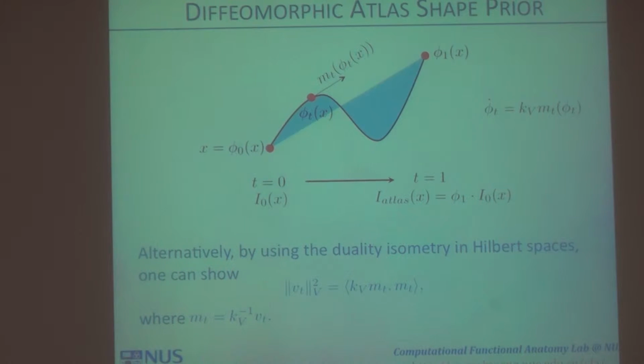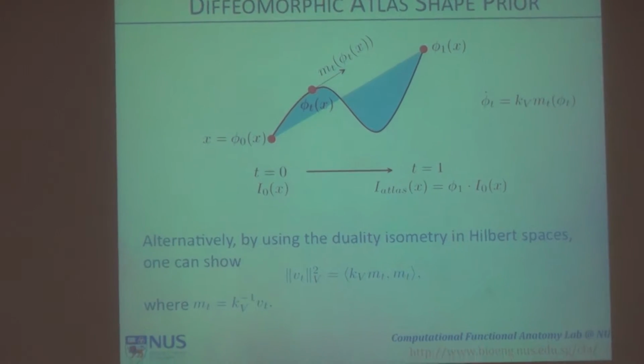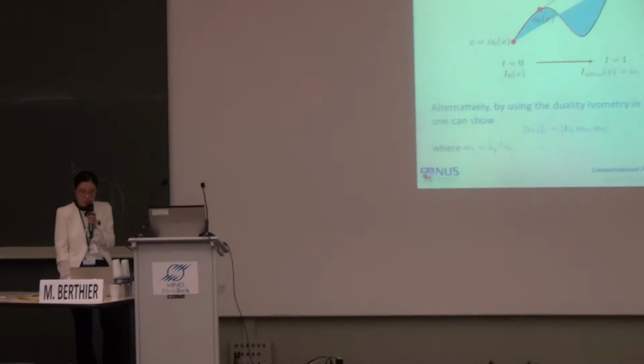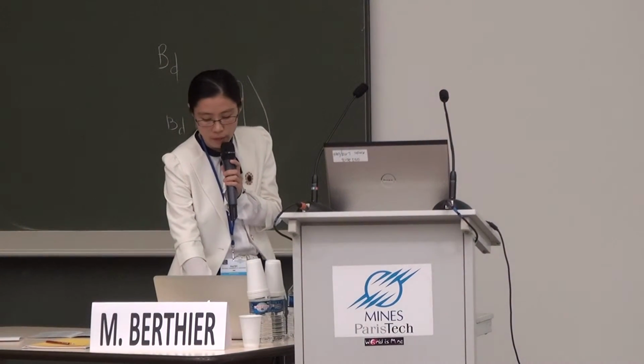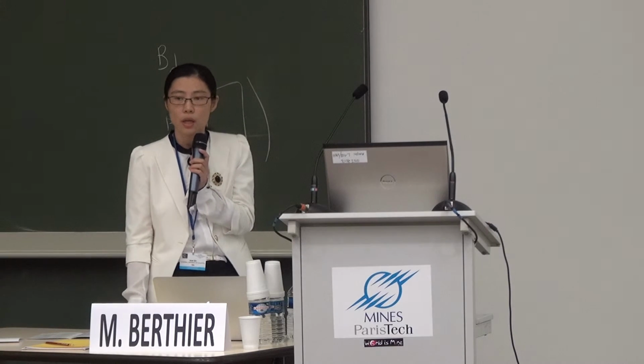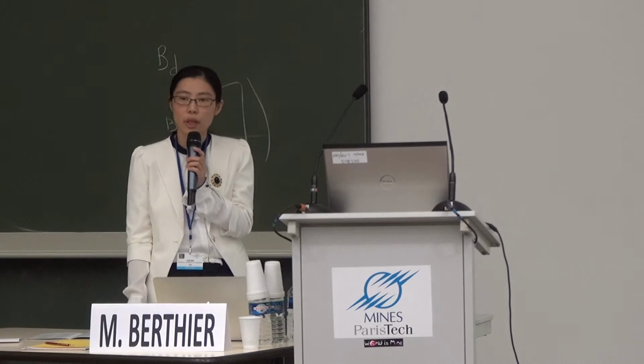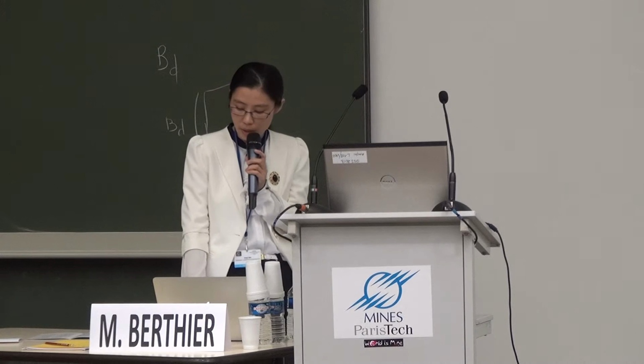We can have an alternative representation for this norm computation. Basically, we can use the dual isometry in Hilbert space so that the norm of Vt in the Hilbert space can be written as the inner product of Kv mt with mt in the L2 space, where mt here is the time-dependent momentum.